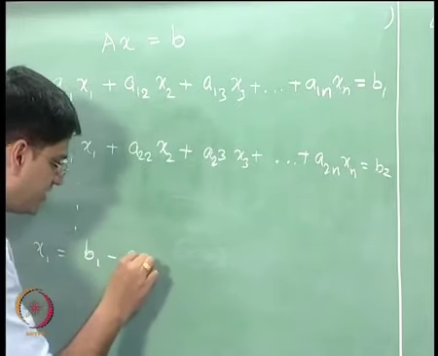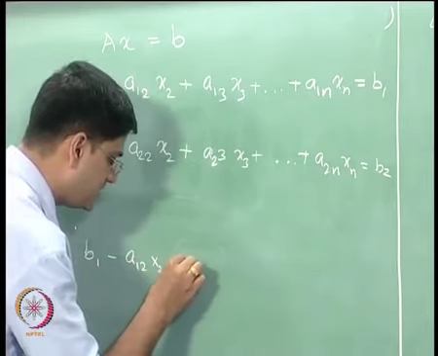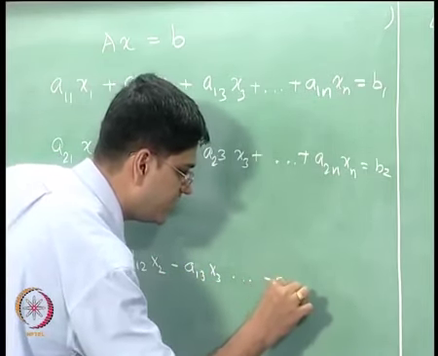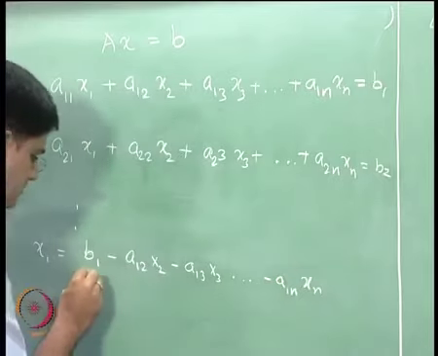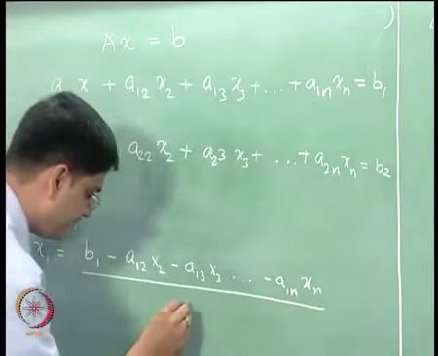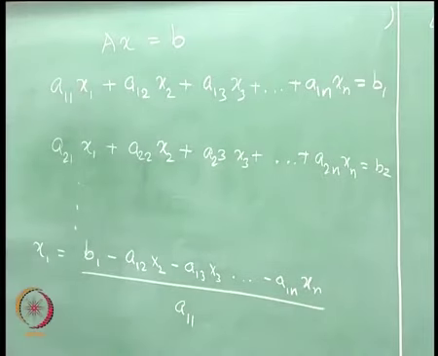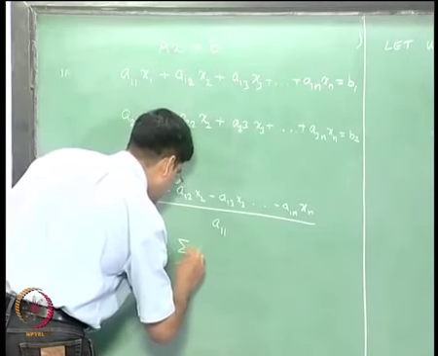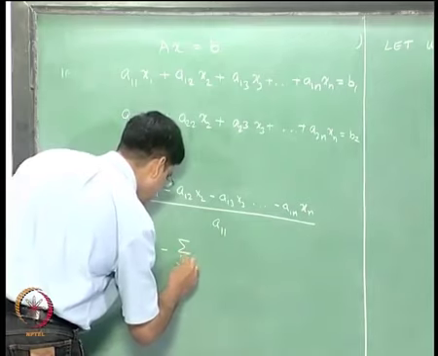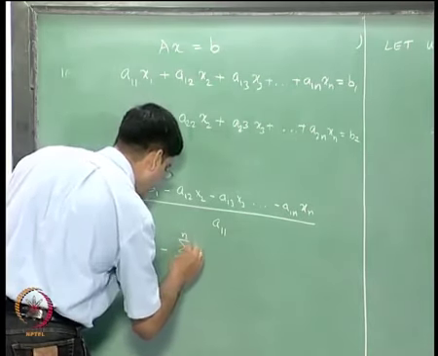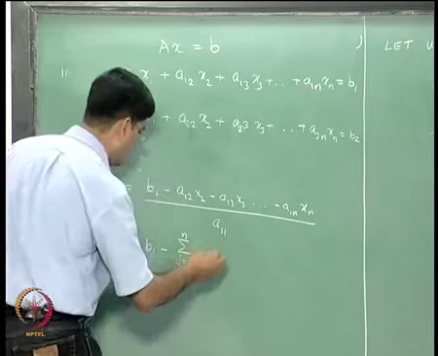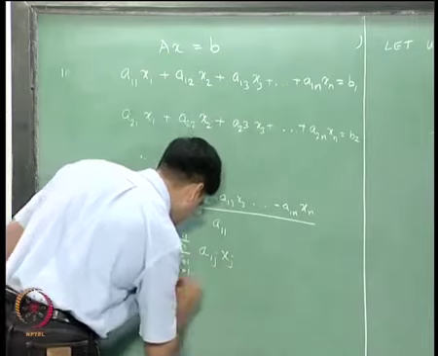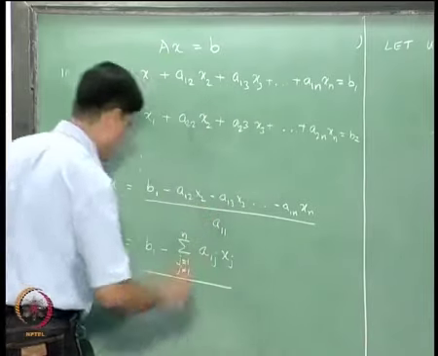b1 minus a12 x2 minus a13 x3 up to a1n xn, divided by a11. We can write this down as b1 minus the summation over j equal to 1 to n, j not equal to 1, of a1j xj, divided by a11.